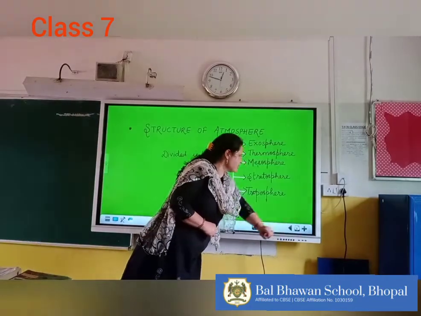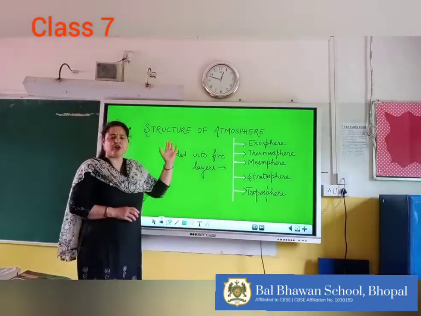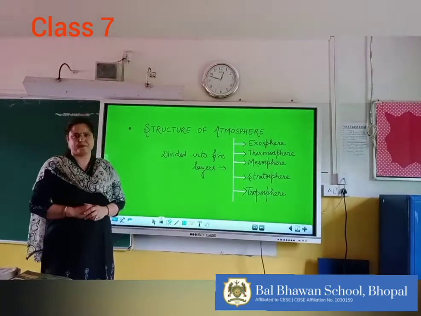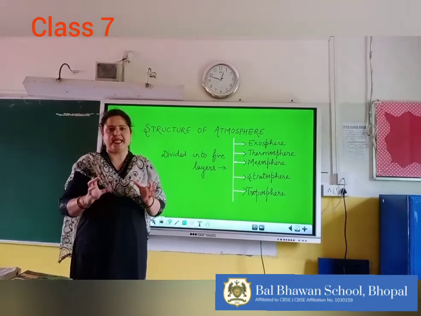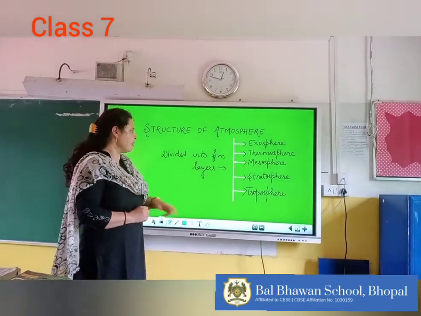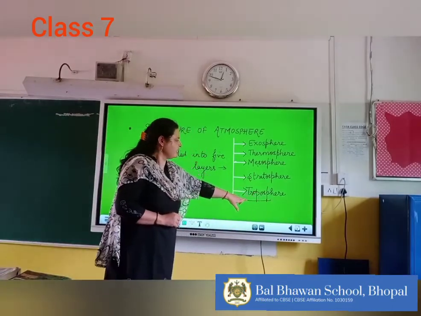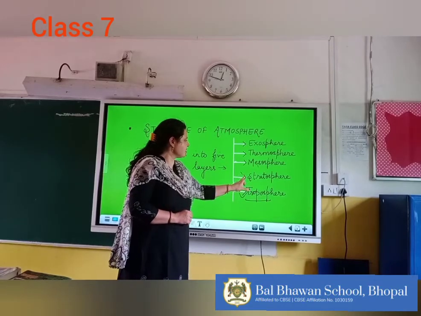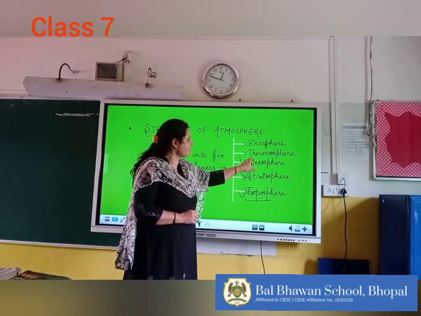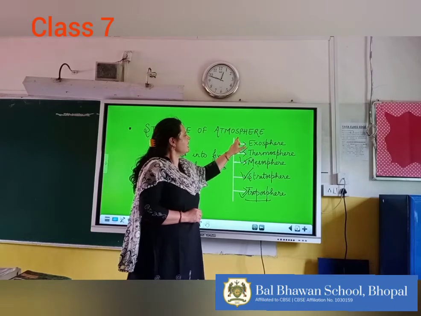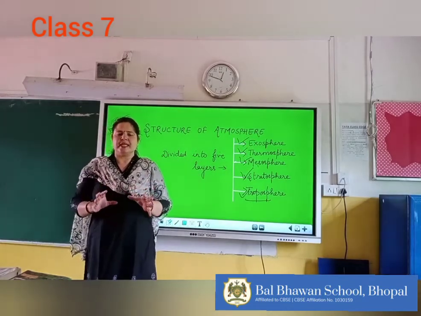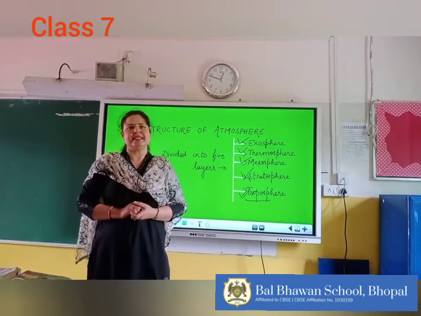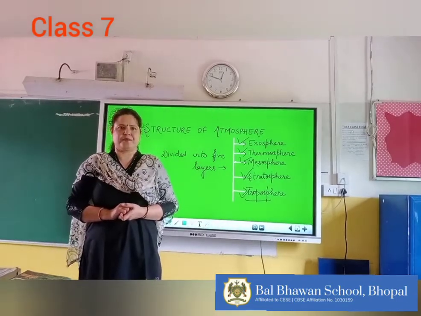Let us continue with the topic. Today, we are going to study about the structure of atmosphere. Our atmosphere is divided into 5 layers, starting from troposphere. Troposphere, stratosphere, mesosphere, thermosphere, and exosphere. We are going to study all these layers in detail now.